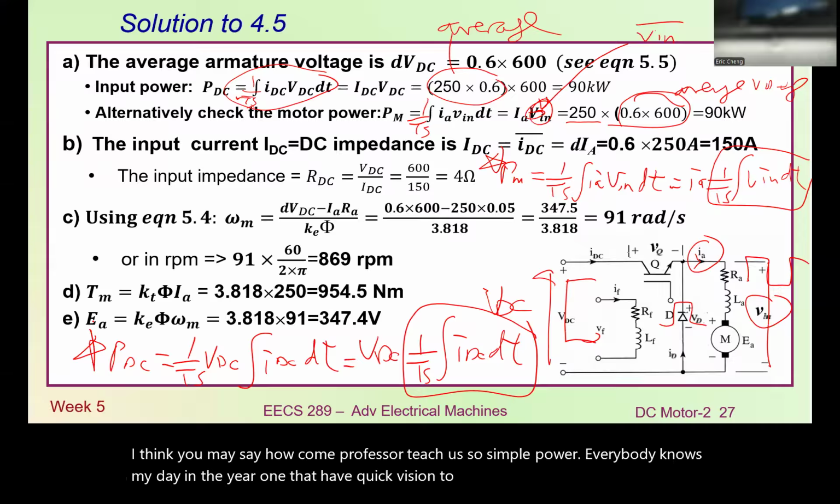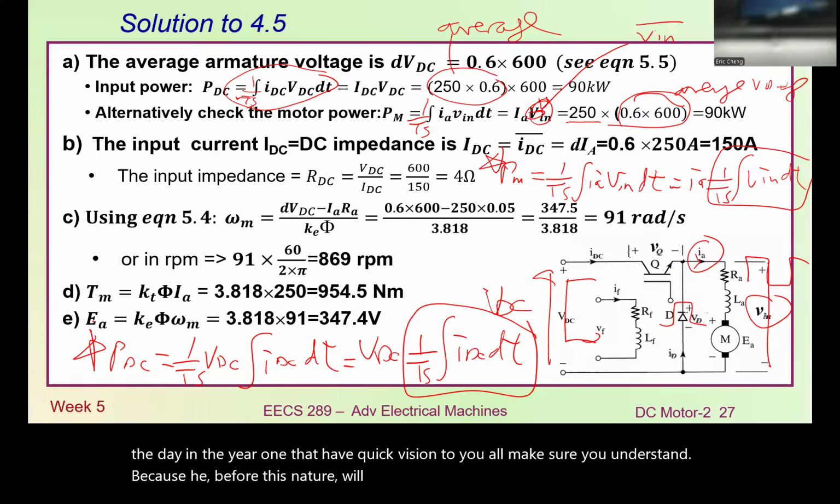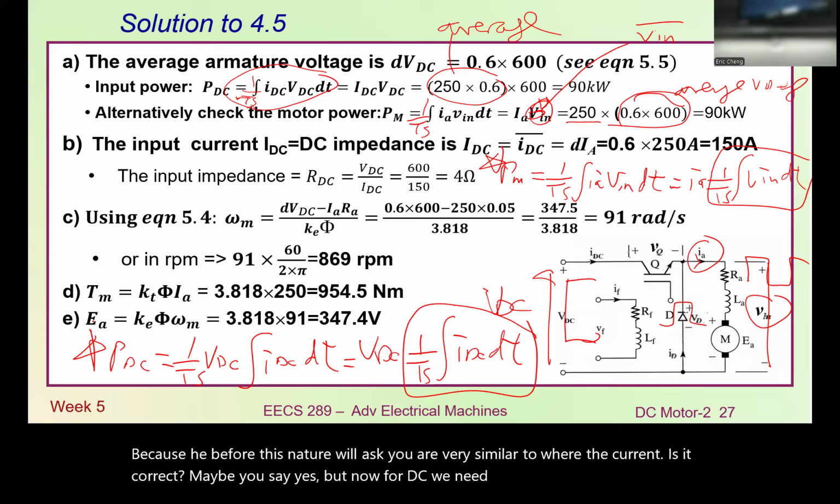Make sure you understand. Because before this lecture, when I asked you to use an RMS meter to measure current, is it correct? Maybe you say yes. But now you know for DC, you need to use an average current meter, not RMS. You get that? Okay.